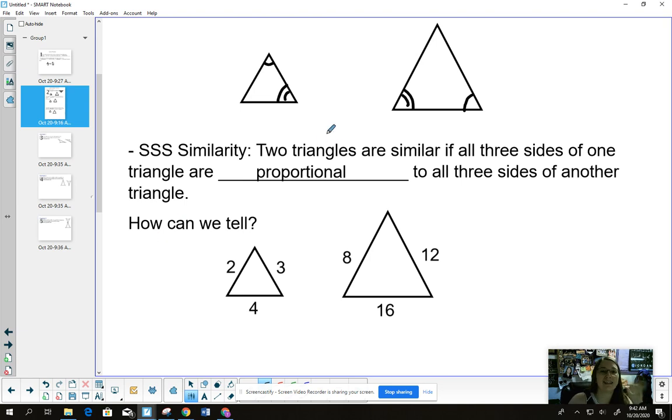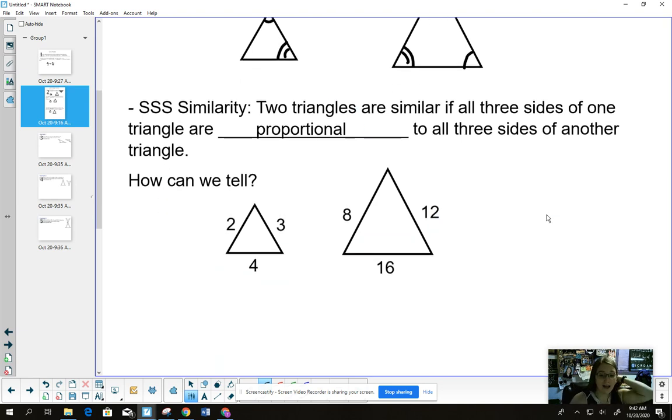But how can we tell if all 3 sides are proportional? Well, they are proportional if there is a scale factor, and the scale factor is the same for all 3 sides. Because again, a scale factor takes one triangle, multiplies it by a certain number, and gives us a new triangle. We have to do it to all 3 sides.